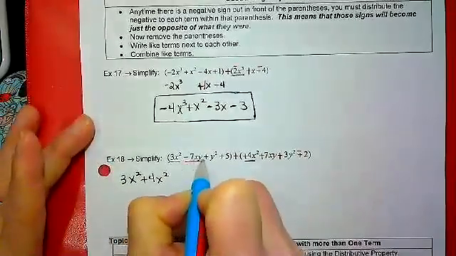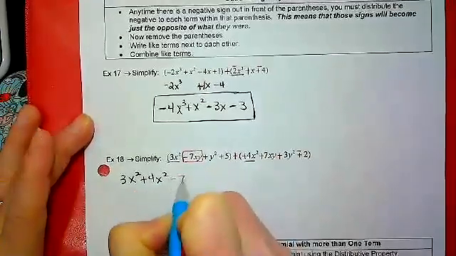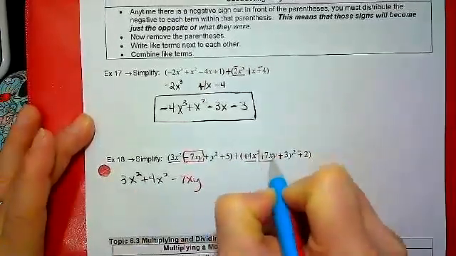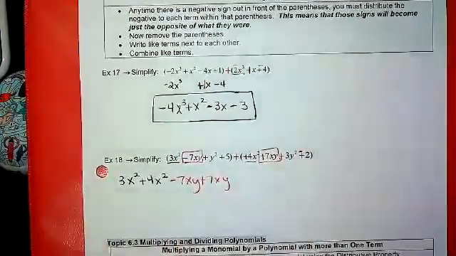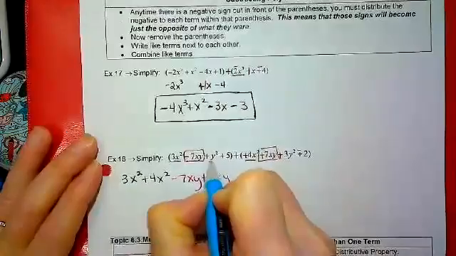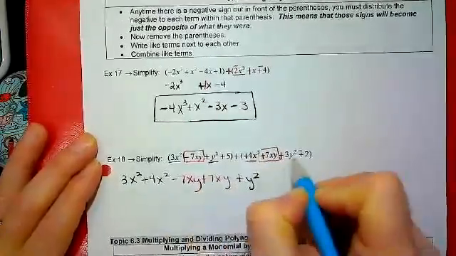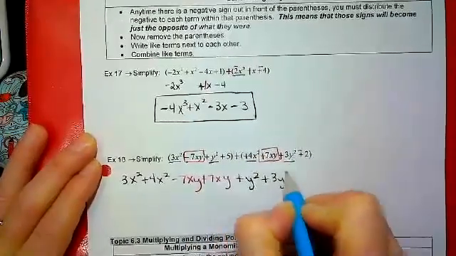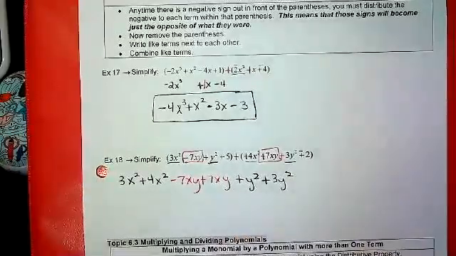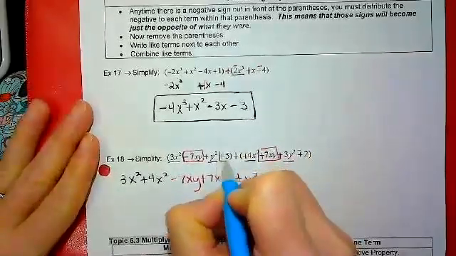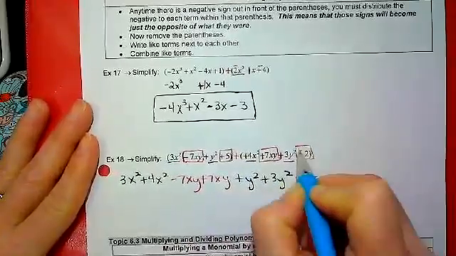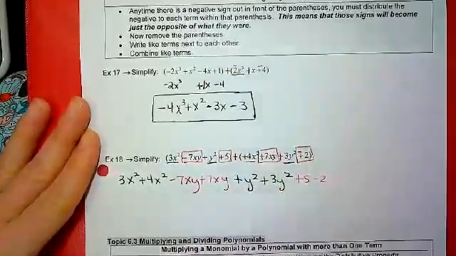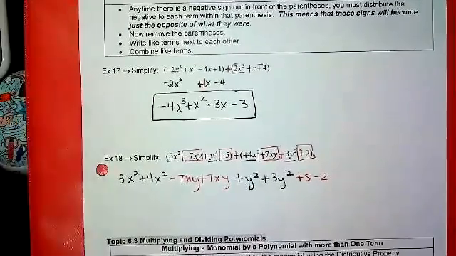I see that I have a negative 7xy and a positive 7xy that I'm going to write side by side. I have a positive y squared and a positive 3y squared. And then finally, on my constants, I have a positive 5 and a negative, because we changed that sign, so a negative 2.